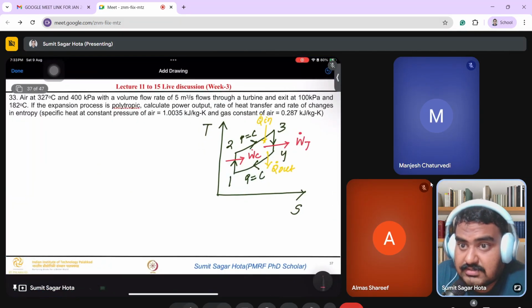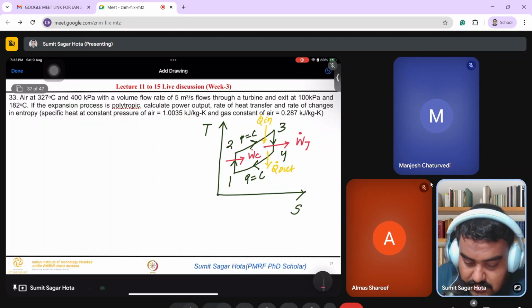Okay, so this is the question. If the expansion process is polytropic, then calculate the power output, rate of heat transfer, and rate of change of entropy. So the Cp value of air and gas constant, all these things are given.